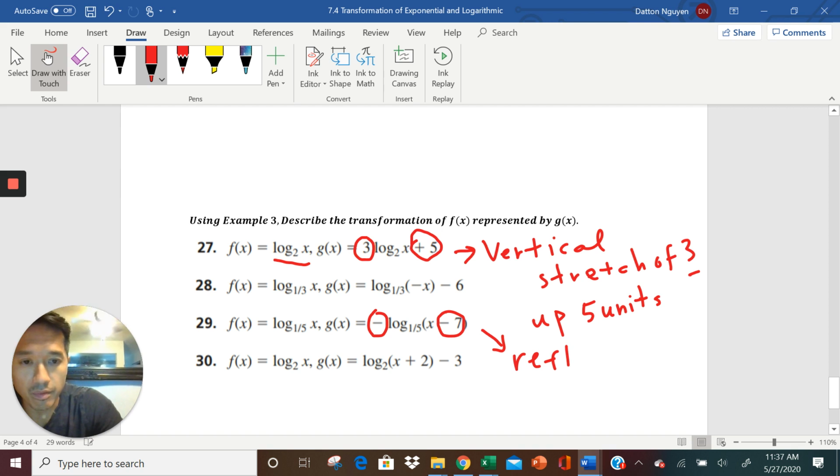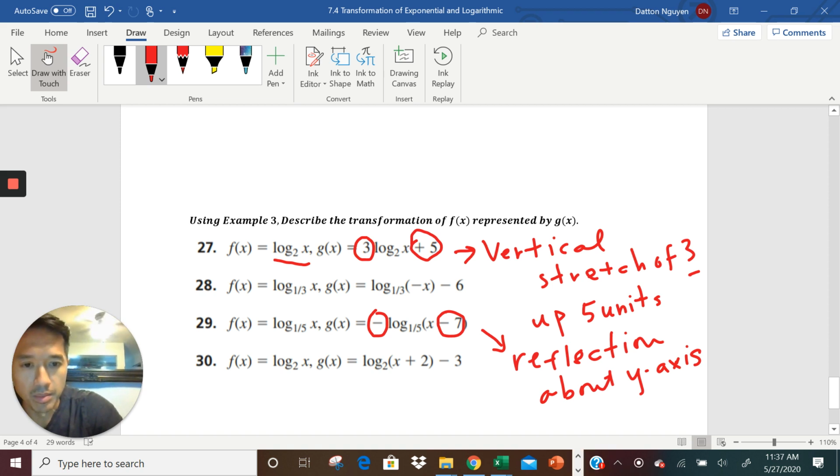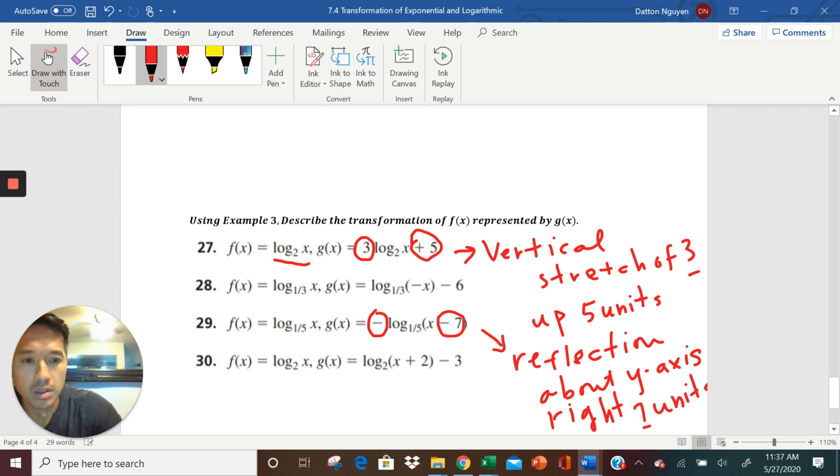Remember that word, reflection, about the y-axis. And then minus 7 means it's to the right 7 units. All right, so that's what that means.